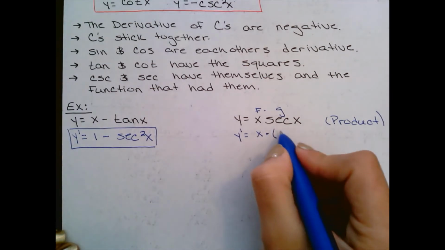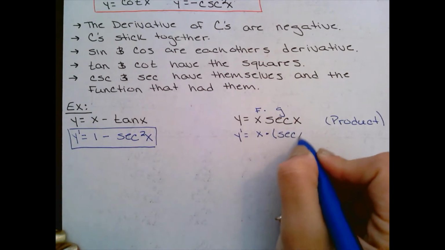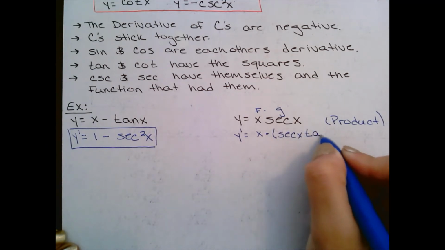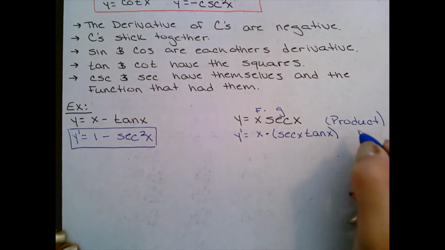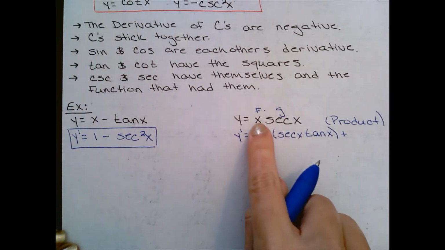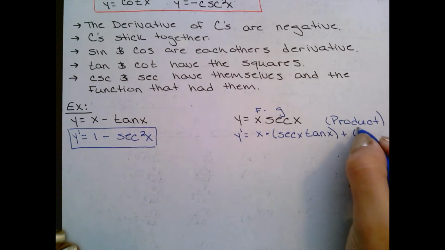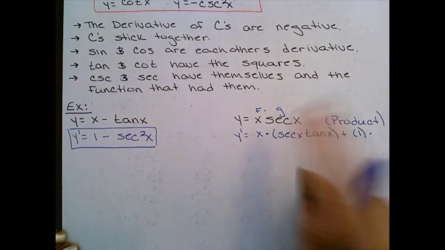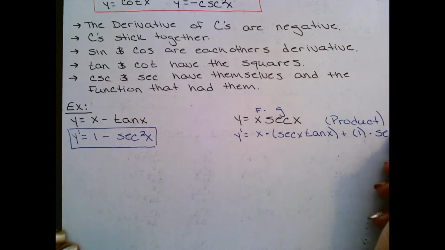Derivative of second is secant tangent, plus derivative of the first times the original of the second.